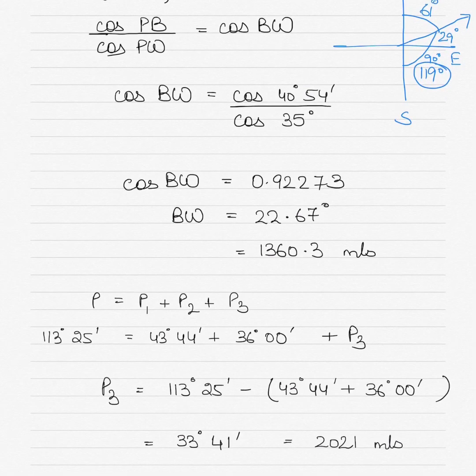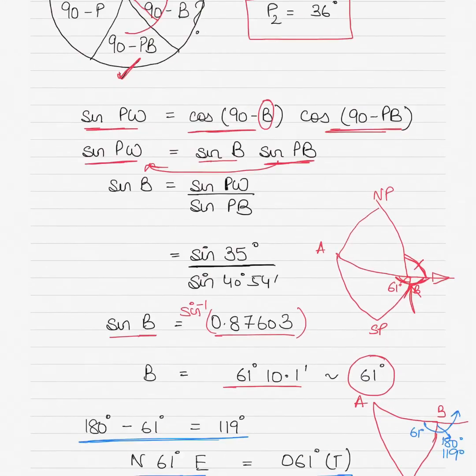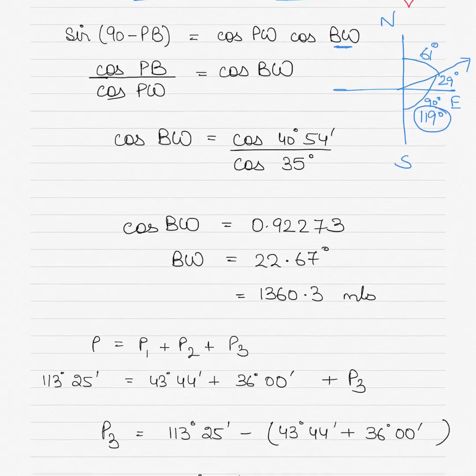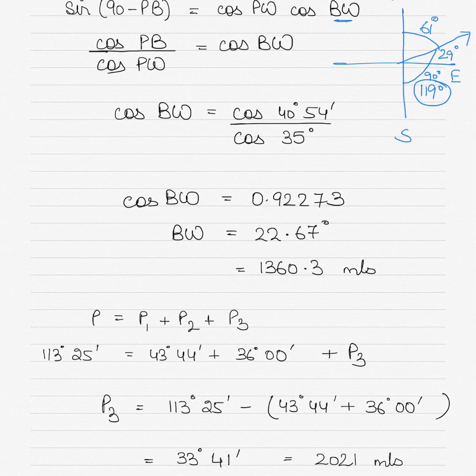Alright, then I go on to find out BW, because I need to add it to the distance later on. So again, BW I will find out, and let me erase all this. So if I have to find out BW, I will be using this here. Right, so come back to my red pen.